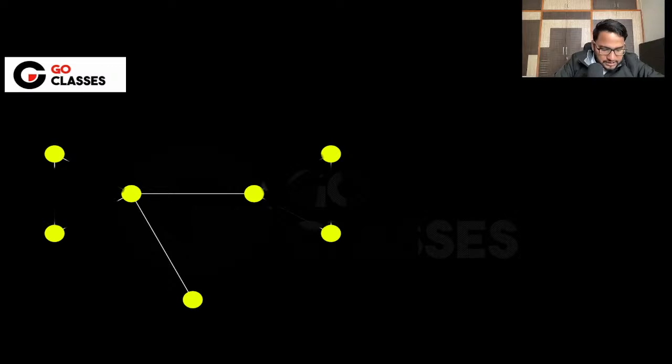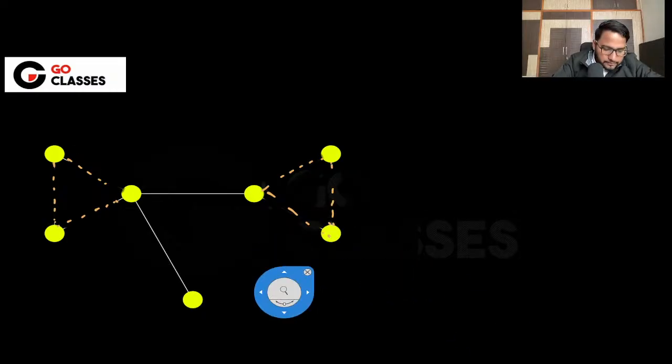So basically these two are definitely part of the MST. Now here you were having a triangle. Here also you were having a triangle. Here also you were having a triangle. Now can you tell me how many MSTs are possible?